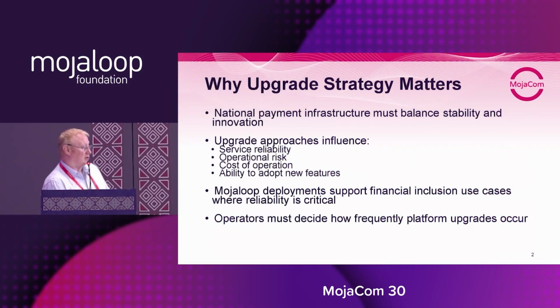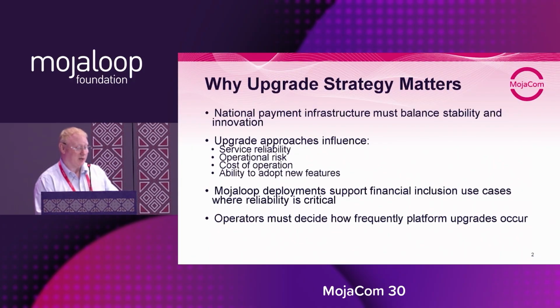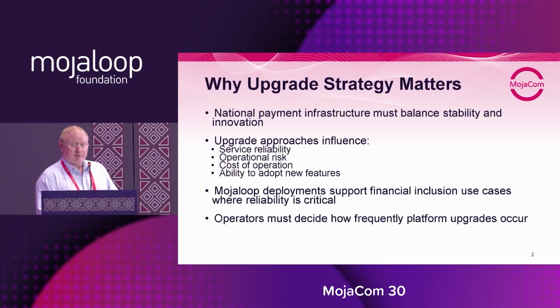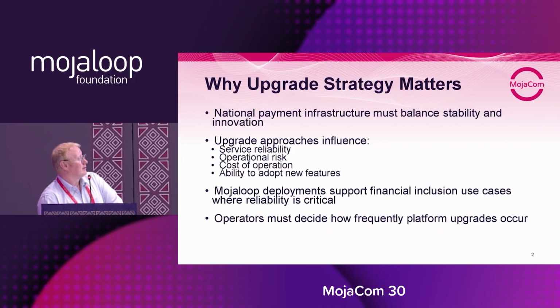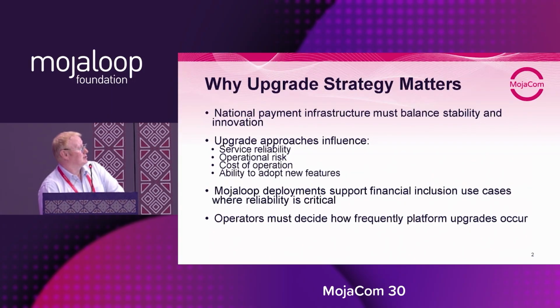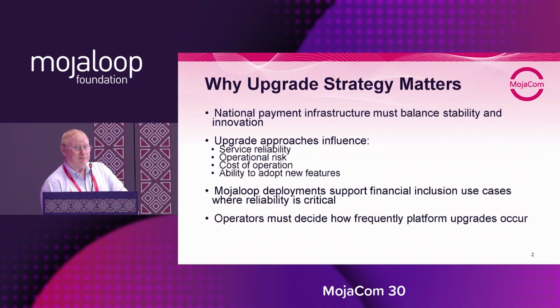Very much we hope Mojaloop will become the fundamental underlying rails of national payment systems. If that's true, they need to be super, super reliable. So making upgrades sounds like a very scary and risky thing. We need to figure out how to do it in a way that minimizes the risk but also helps us take advantage of the new features.